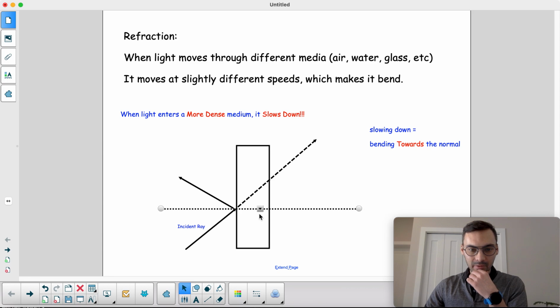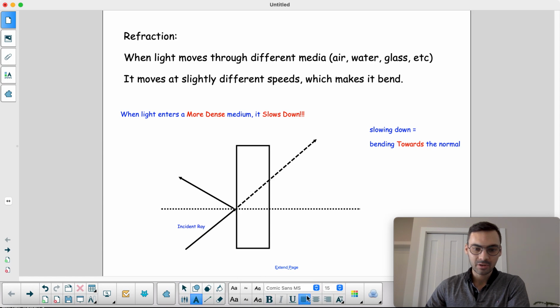Now, when we were reflecting, we were only really drawing it on this side because we didn't care about what's happening over here. But now that the light is traveling through the object, we do care. But that line is still called the same thing. It's called the normal.